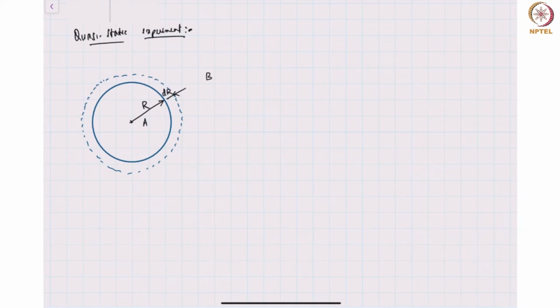This extension is dr. So the new radius that I have stretched to is r plus dr.